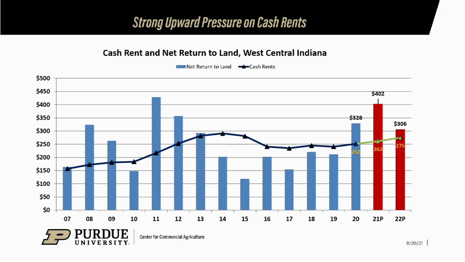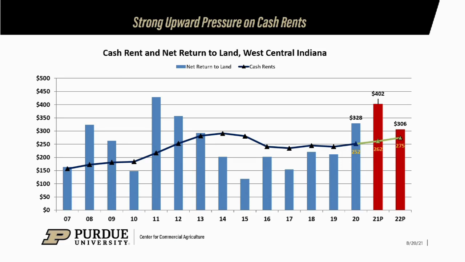Typically, as a rule of thumb, based on research I did with a student and have updated since, if net return to land increases $100, that translates into a short-term change in cash rents of $10. It's not $100 by any stretch. Cash rents are much, much smoother than net return to land, but nevertheless, cash rents move.